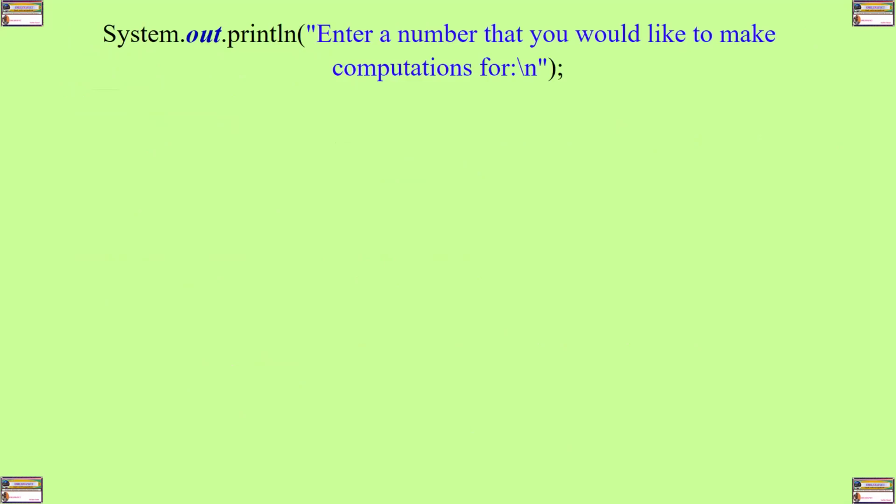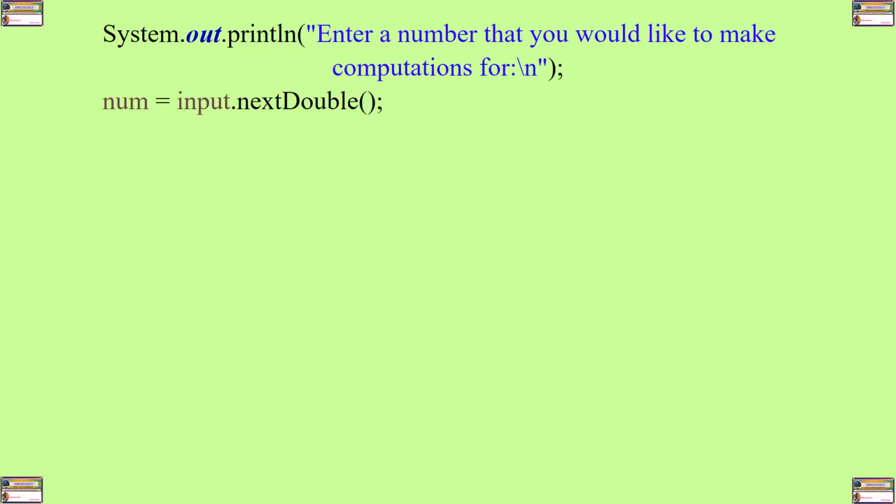The syntax is key. Then the next statement is System.out.println. So the statement asking you to enter a number that you would like to make computations for will be displayed on the screen, and the cursor will be moved to the next line.